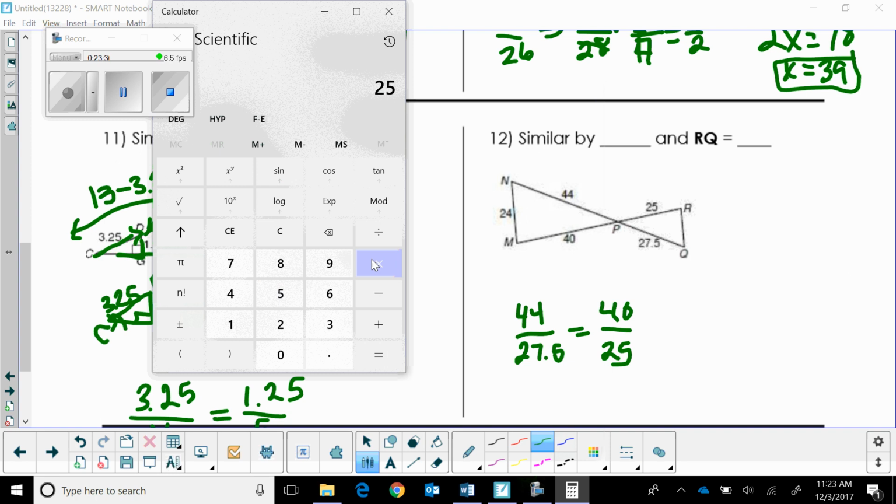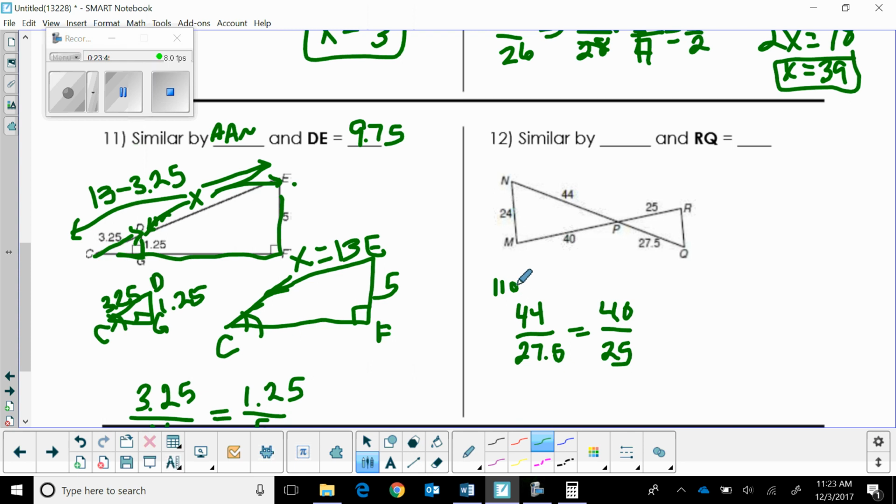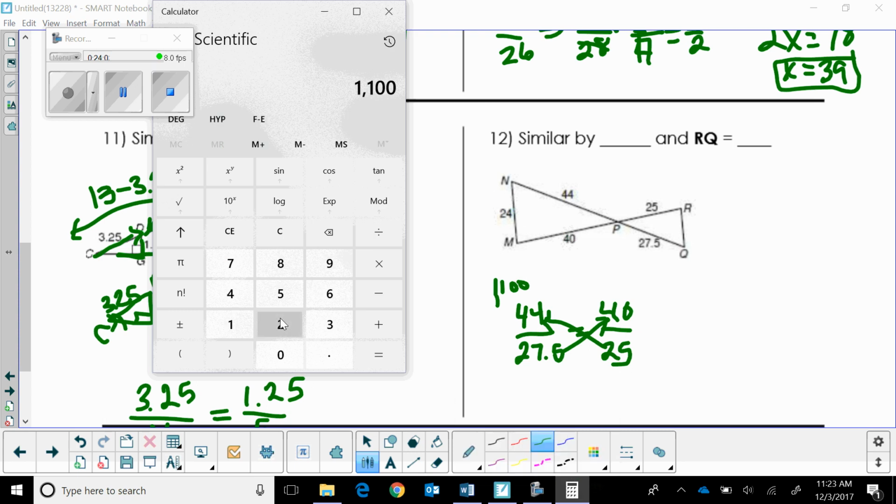So 25 times 44. Try that again. 25 times 44. Okay, that's 1100. And all I'm doing is just cross multiplying. Okay, and then I'm going to take that 27.5 times 40.